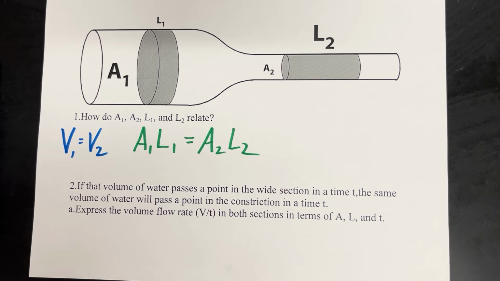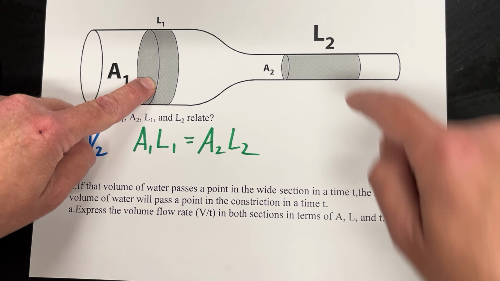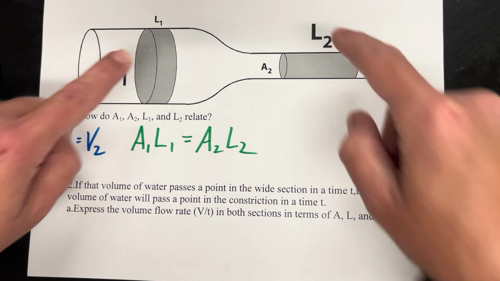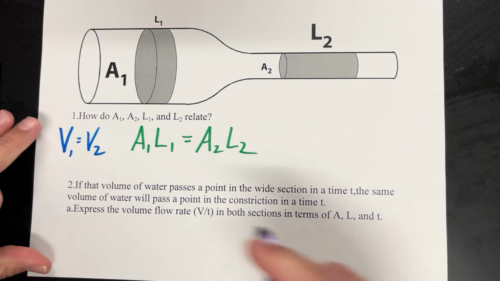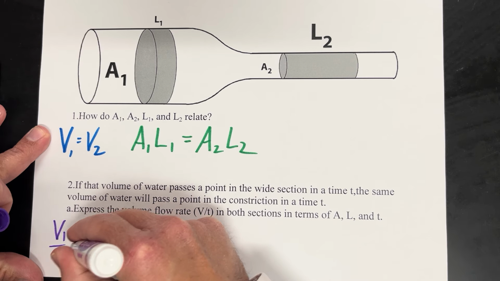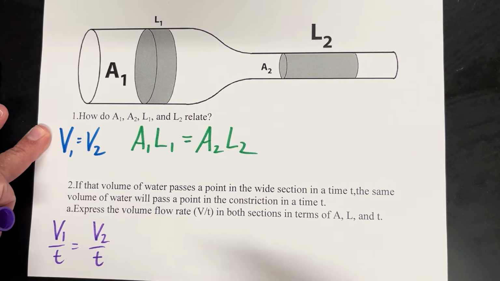Now, they say if the volume of water that passes this point in a given time t is the same as the volume of water that passes by this section of the pipe in time t, then rewrite this keeping it in mind as a rate. In other words, the volume per time in section 1 has got to equal the volume per time in section 2.